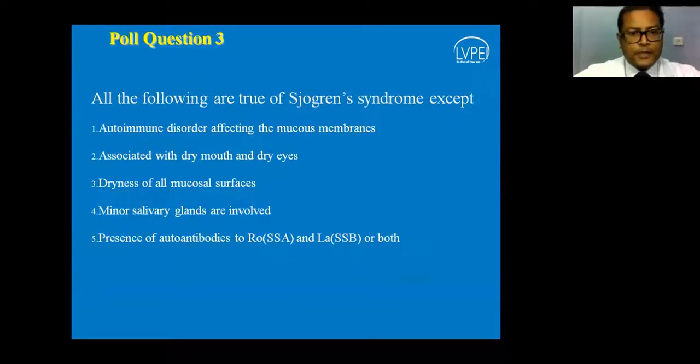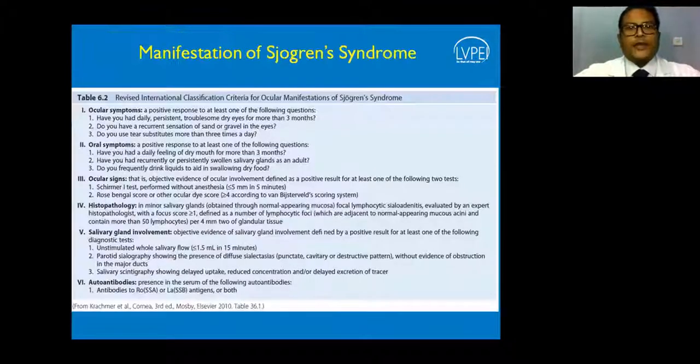Okay, so there are a set of criteria which help classify Sjogren's. These are the revised international criteria for ocular manifestation of Sjogren syndrome. They include categories such as the ocular symptoms, that is, a positive response to at least one of the questions, such as daily persistent troublesome dry eye for more than 3 months, recurrent sensation of sand or gravel in the eyes, need to use tear substitutes more than 3 times a day.